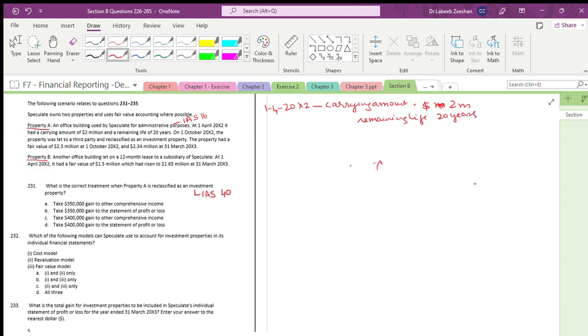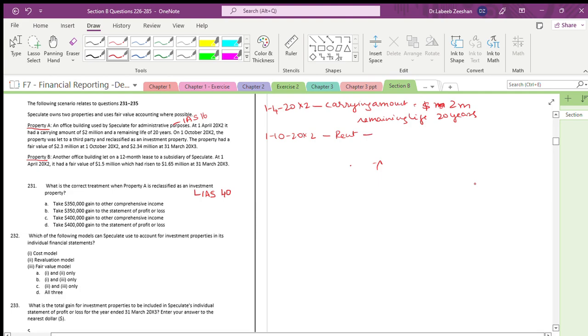On 1st October 2002, the property was let out to a third party, they have given it for rent, and reclassified as an investment property.